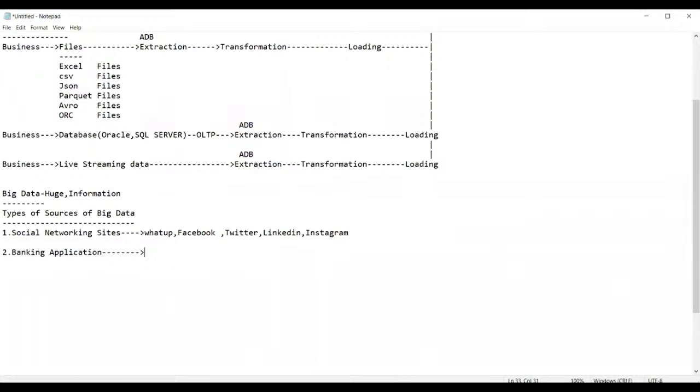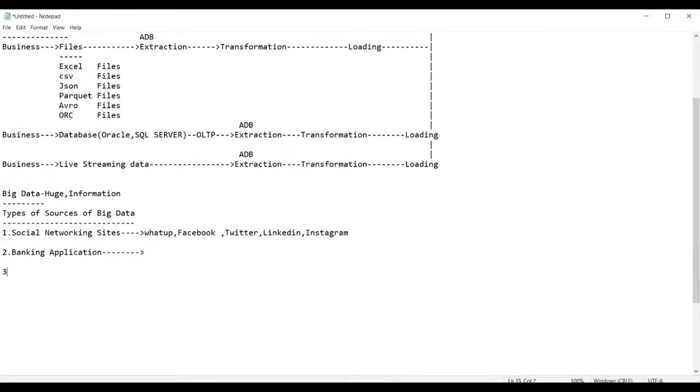That means banking data is considered a massive amount of data across the globe. So we can get big data from banking applications. Business means social networking sites, which are one type of business, and banking applications are another type of business from where we get data.